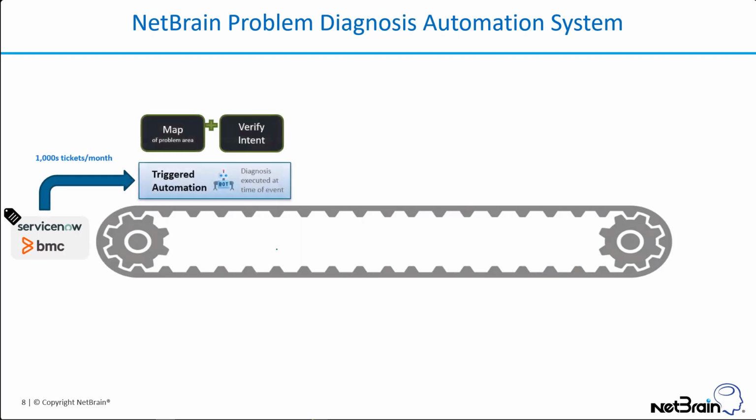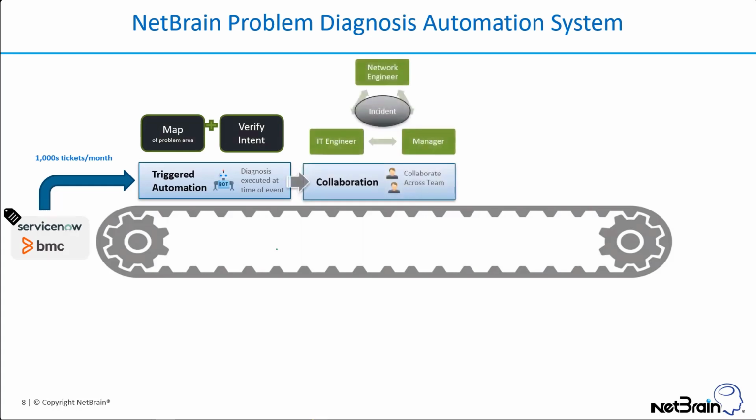We'll have told it to reach out to NetBrain and trigger a particular set of data to be gathered by NetBrain automatically. So the data relevant to whatever the problem is gets gathered automatically while the problem is in progress. It also will typically set up what's called an incident within NetBrain, which is how we collaborate. And we'll get a lot more into this.